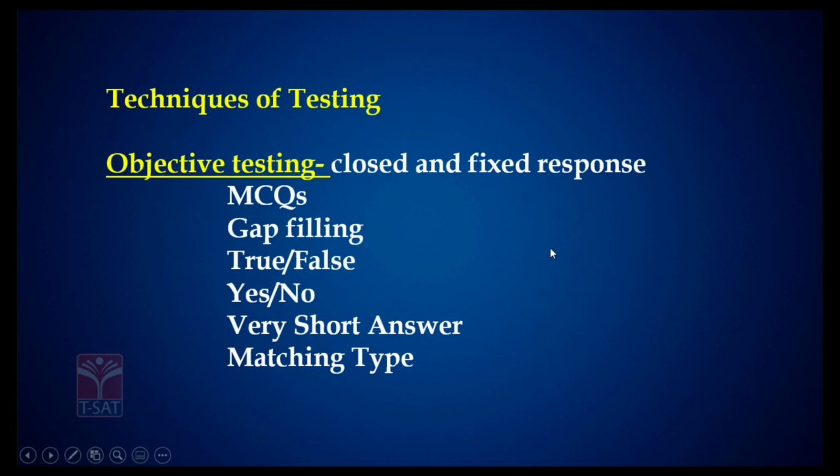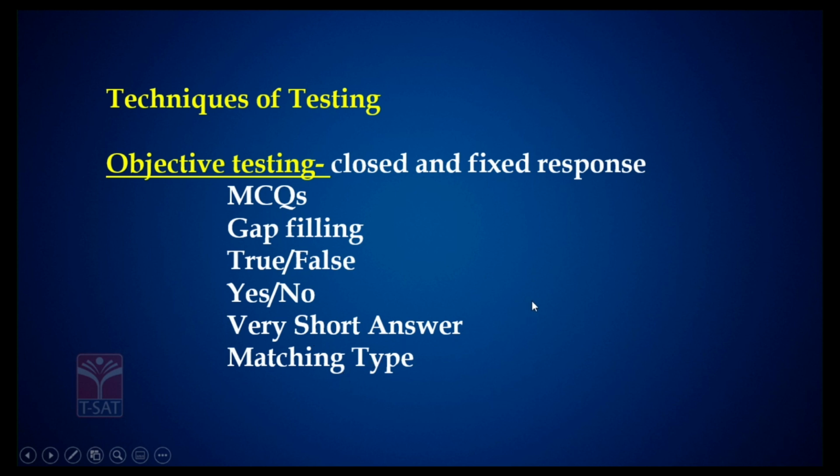And what are the techniques of testing? Testing can be subjective as well as objective. These are the examples for objective testing. Generally, objective testing is closed and fixed response. Here are the examples: multiple choice questions, gap filling, true or false, yes or no type questions, and even very short answer questions and matching type.